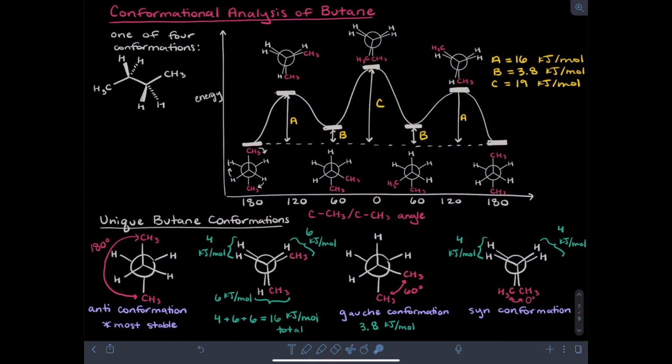What we don't know yet is the energy cost of a methyl eclipsing another methyl, but we can calculate this. The overall energy is 19 kilojoules per mole. I subtract 8, 4 for each hydrogen eclipsing another hydrogen, to get 11 kilojoules per mole. This is my value for the energy penalty from having a methyl in front of another methyl.